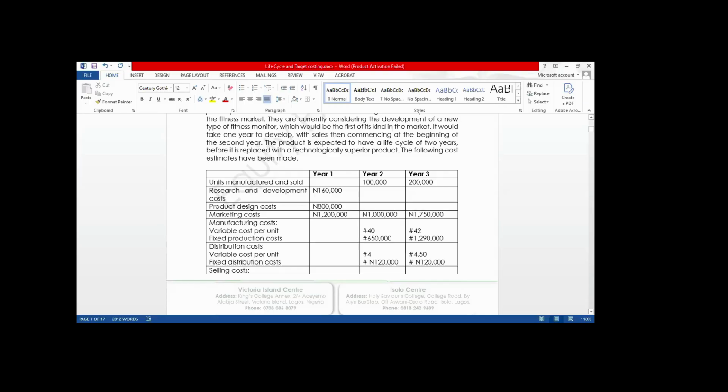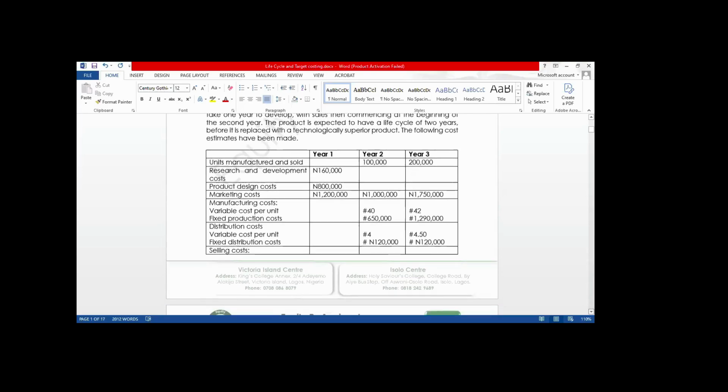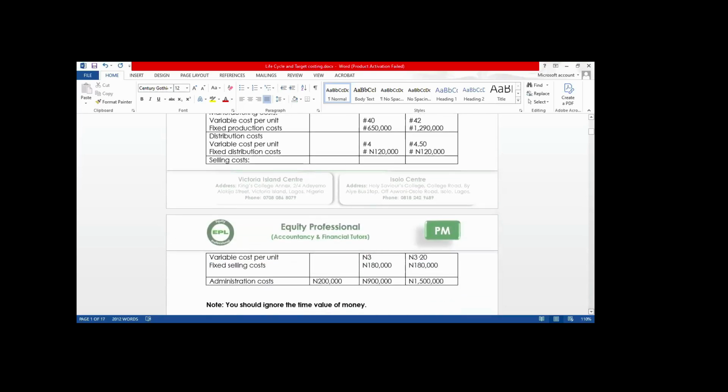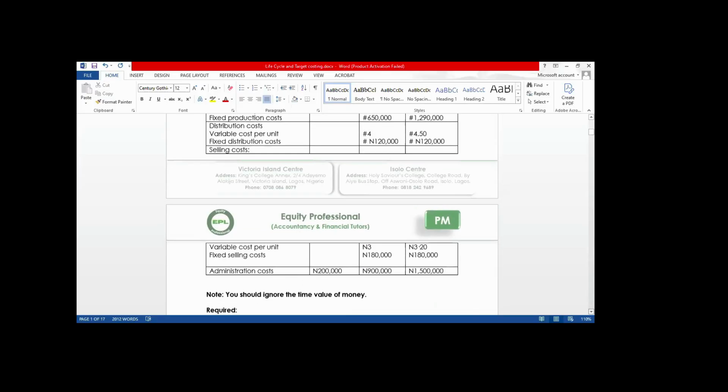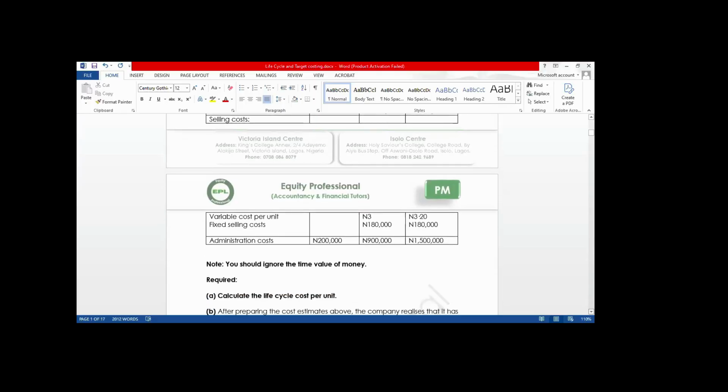Next, we have distribution cost, variable distribution cost and fixed distribution cost. Then we have selling cost, variable and fixed selling. Then we have admin. The examiner says, note, you should ignore the time value of money.